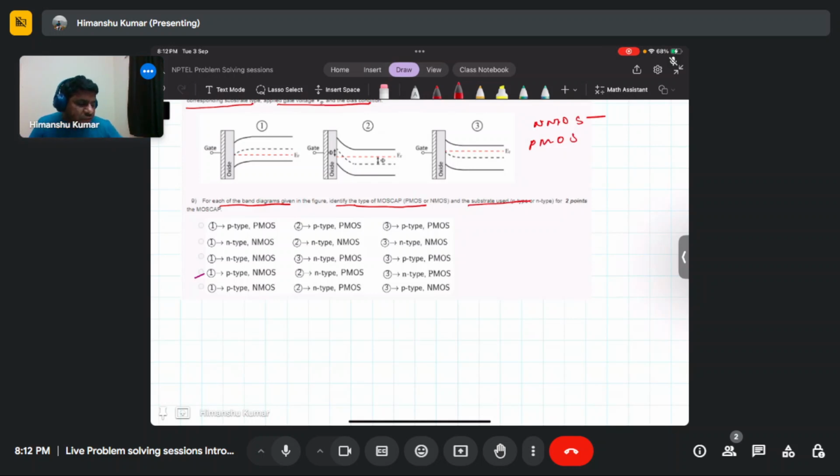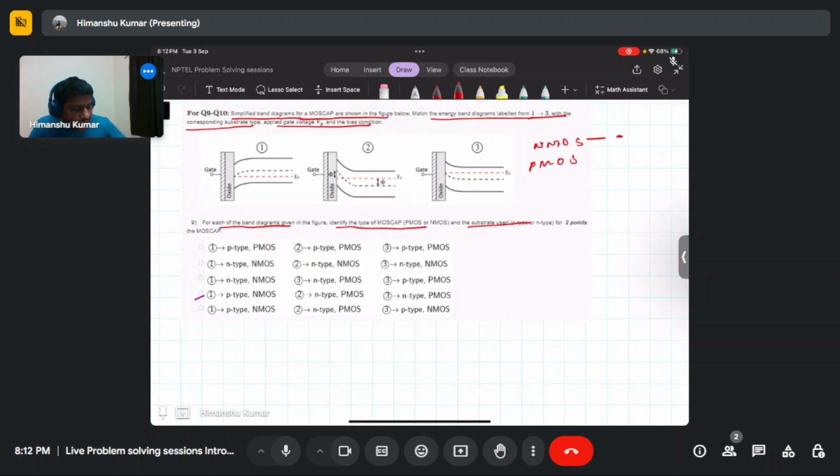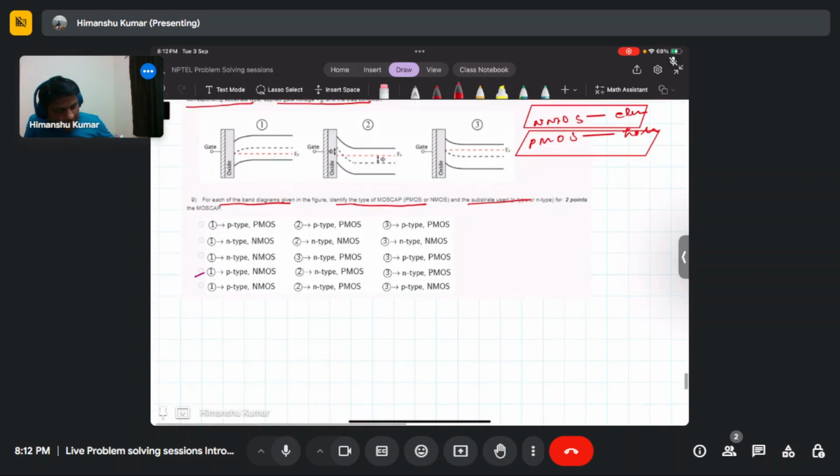In NMOS, the channel region is electrons, and in PMOS, the channel region is holes. To deplete the substrate for NMOS you need p-type substrate, and for PMOS you need n-type substrate.